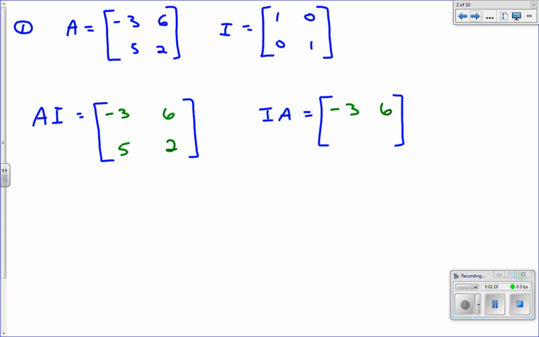Then the second row, I've got 0 times negative 3 and 1 times 5. It's hard to do these when they're backwards to each other. And when I do the final one, I get a 2. So we can see that matrix A multiplied by I and I multiplied by matrix A give us the same result.